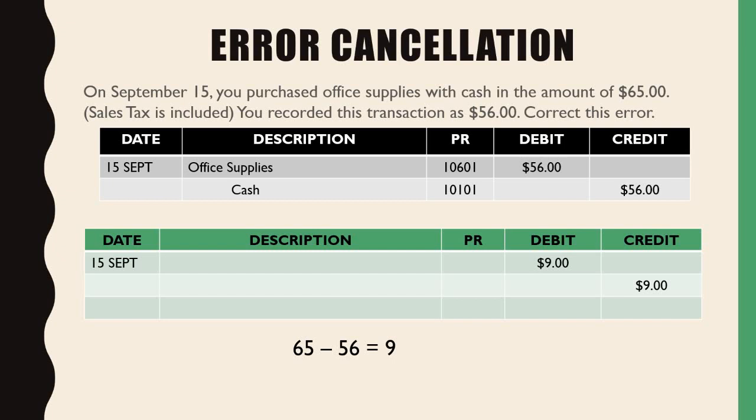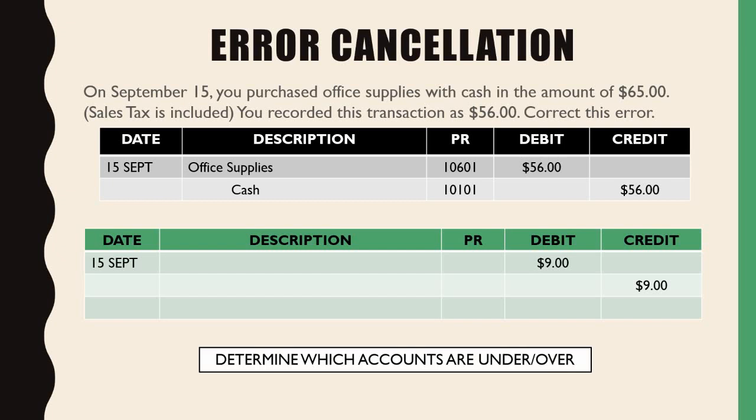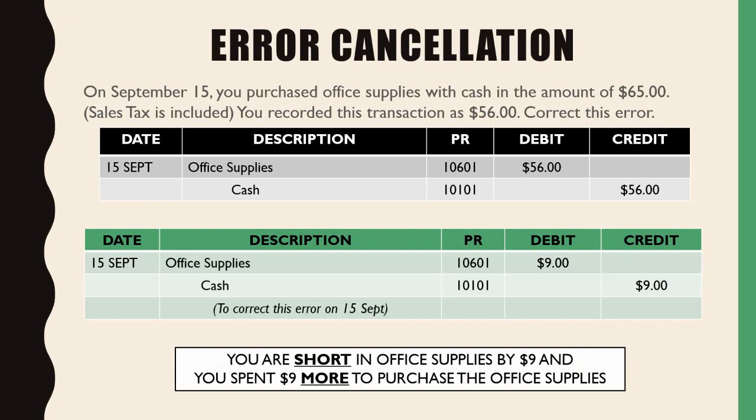In this case, I recorded 56. I need that account to be 65. So that means I must be adding $9 more to the office supplies. And then, in my pocket, I'm supposed to have X amount of dollars. I have less.